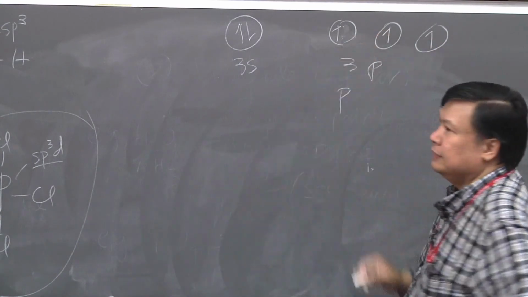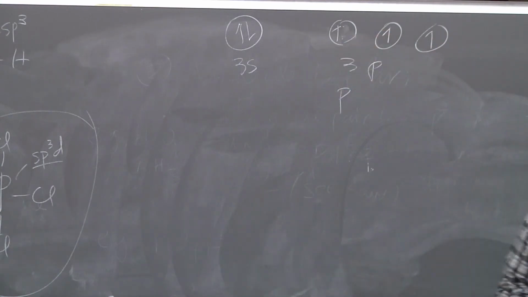Is this what you have for phosphorus if you just look at the periodic table? Can that account for my PCl5? Do you have enough orbitals?